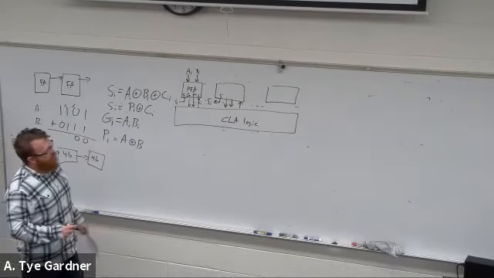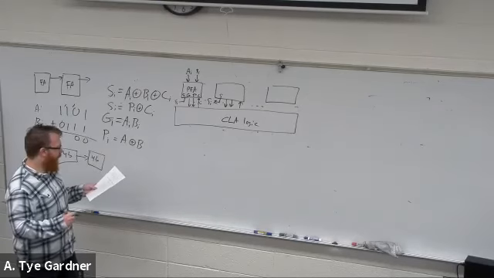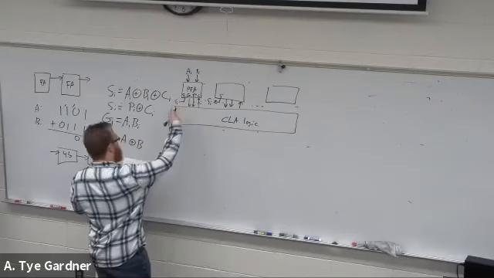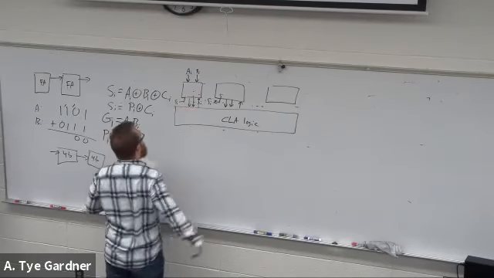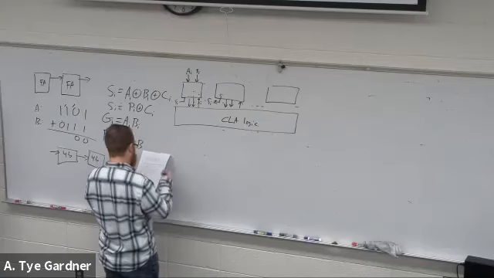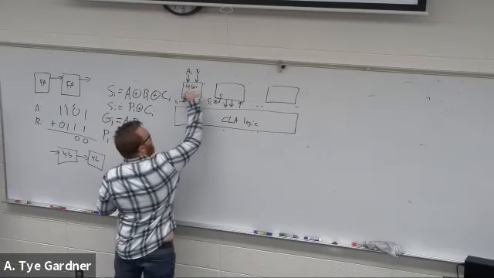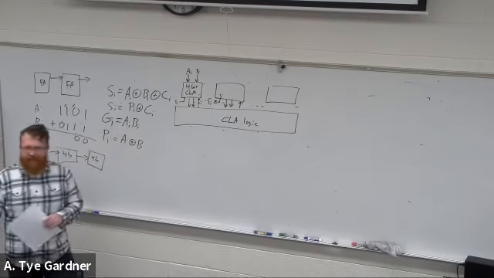Well, this is what I just showed you, but there is kind of a better way, where instead of calling this a partial full adder, let's go ahead and call it a 4-bit CLA.